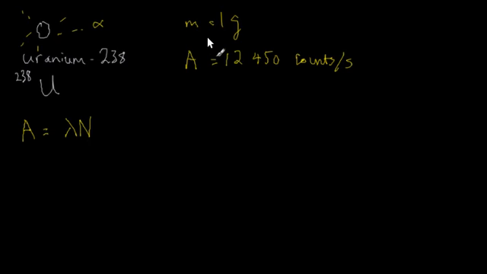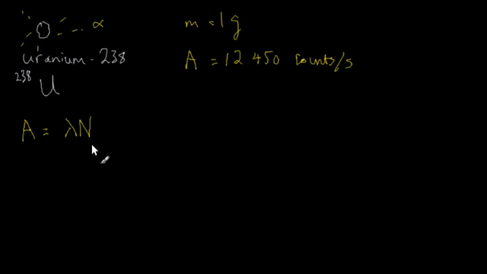So if we know that the mass is 1 gram, and we know that the mass number is 238, we can actually find n, the number of particles. There are 2 or more ways to do that.